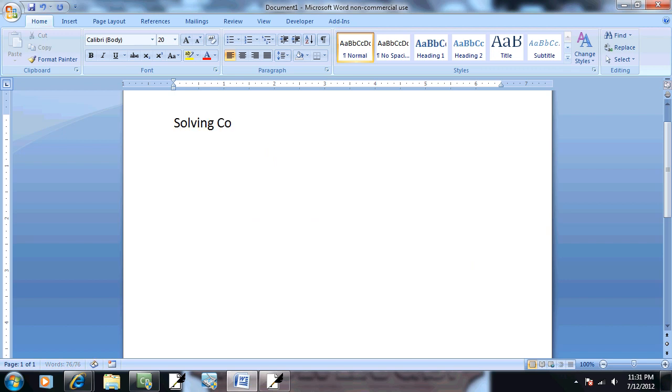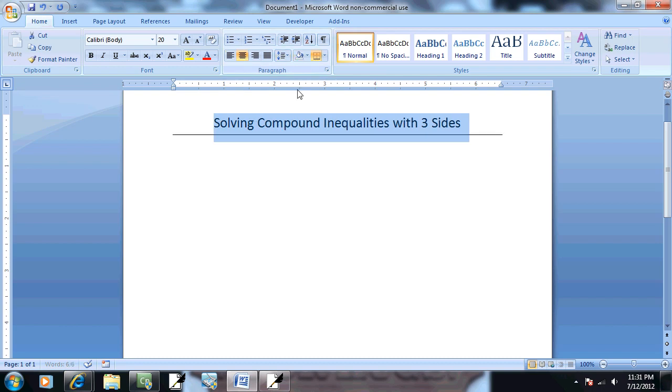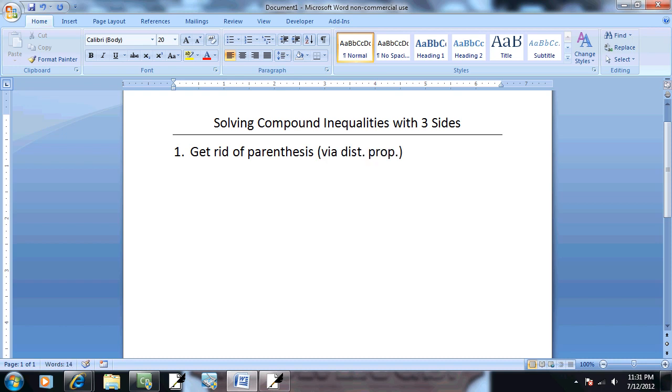let's see, solving compound inequalities with 3 sides. Now it's kind of implied that no matter where you are, if you have like terms, numbers, go ahead and combine them together. So that's assumed. First step, get rid of parentheses. And you do this via the distributive property. Step 2, get rid of fractions. Multiply everything by the LCM of all the denominators.